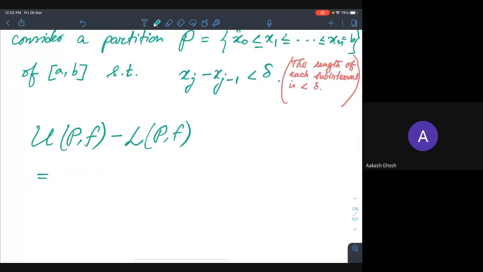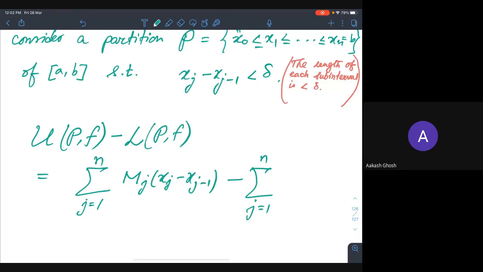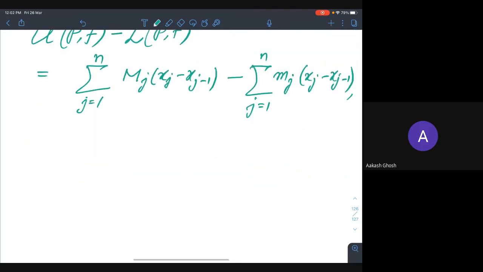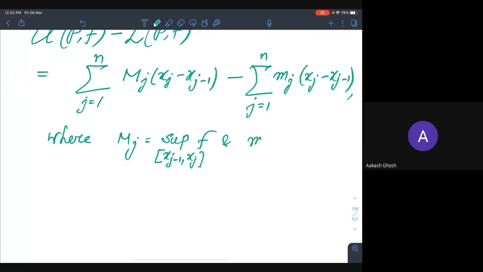It is the summation j from 1 to n of capital M_j (x_j minus x_{j-1}) minus the summation j equal to 1 to n of small m_j (x_j minus x_{j-1}), where M_j is the supremum of f over [x_{j-1}, x_j] and small m_j is the infimum of f over [x_{j-1}, x_j].